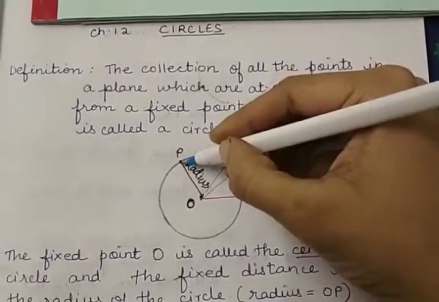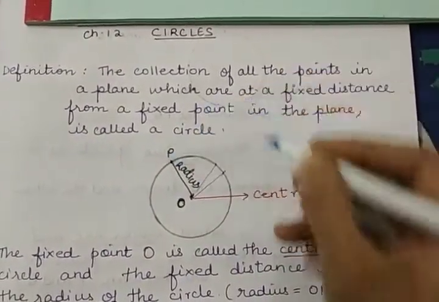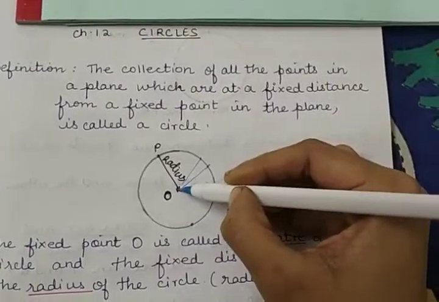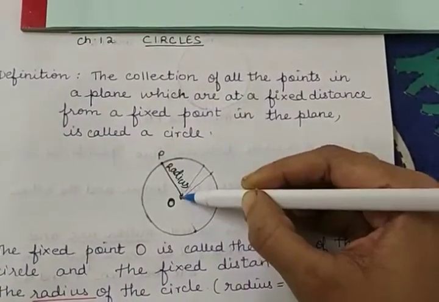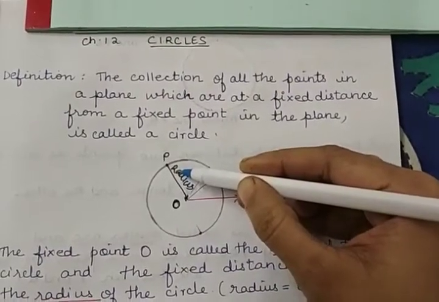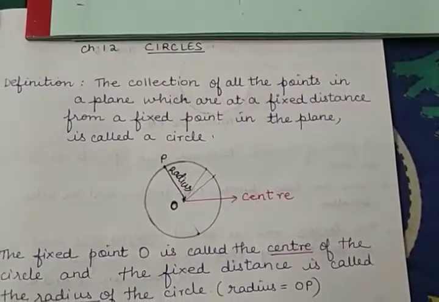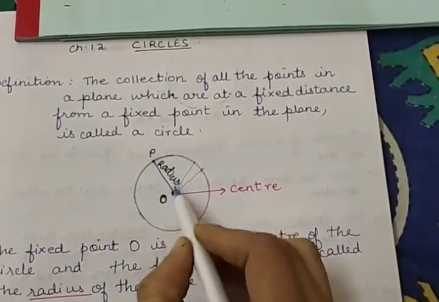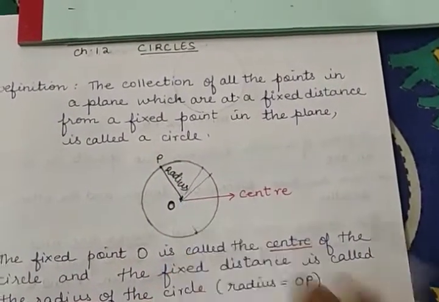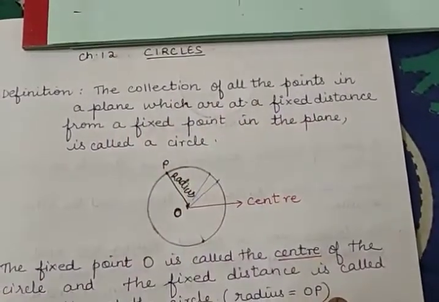So in this case your radius is OP. Any other point you take, you draw this distance here, then this distance also will be the radius. So these are the two important parts of the circle, radius and center, which constitute a circle.